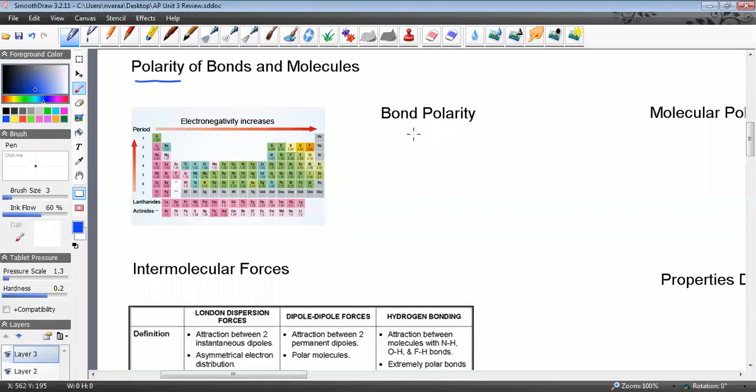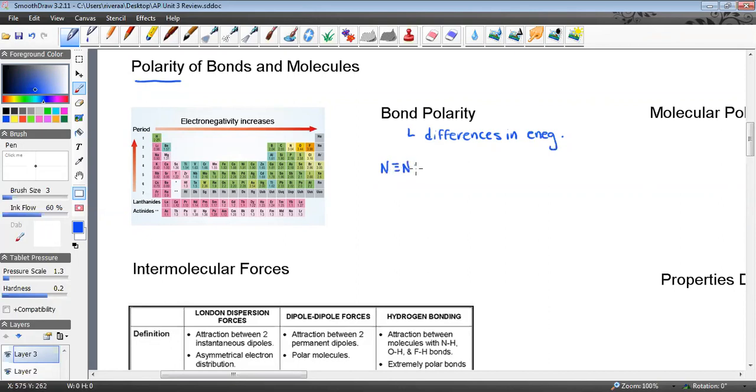The reason why a bond would be polar is because of differences in electronegativity values. So I think one of the example problems on that AP Classroom practice that you guys did was, is a nitrogen-nitrogen bond polar or nonpolar?